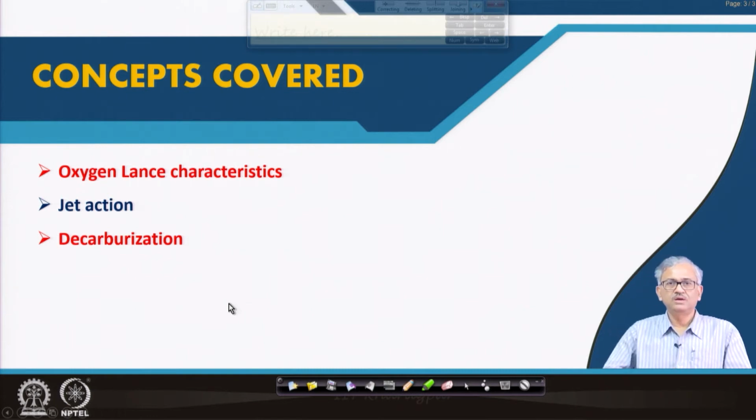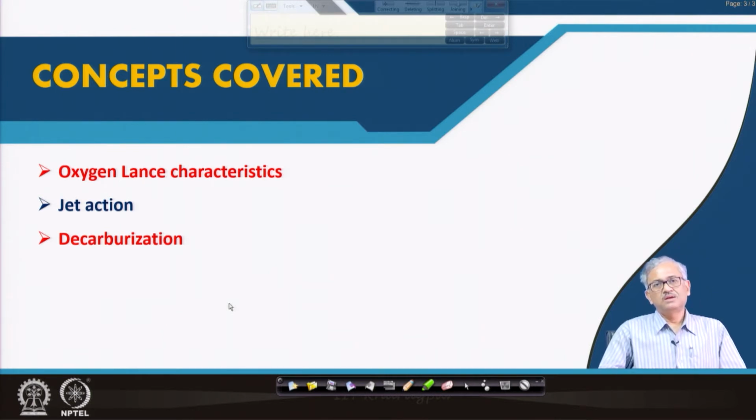Decarburization is not only reducing the carbon in the LD process, it also has a role to play, because decarburization produces CO in situ in the slag, and that forms the foam, as I just discussed, and the emulsion. It stabilizes the foam as well as the emulsion.